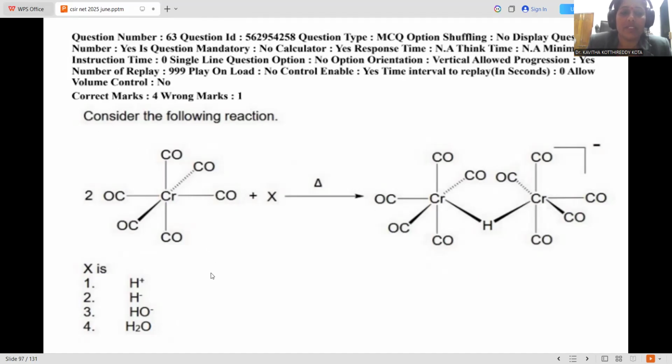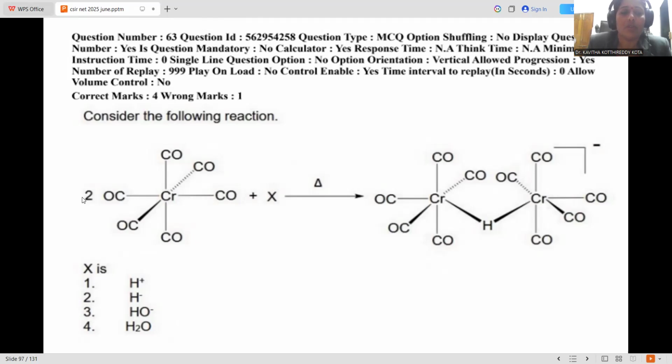Consider the following reaction. I'm taking the octahedral chromium carbonyl complex. Here you can find the octahedral chromium carbonyl compound that is treated with X. Upon heating, there is a provision for dimerization.